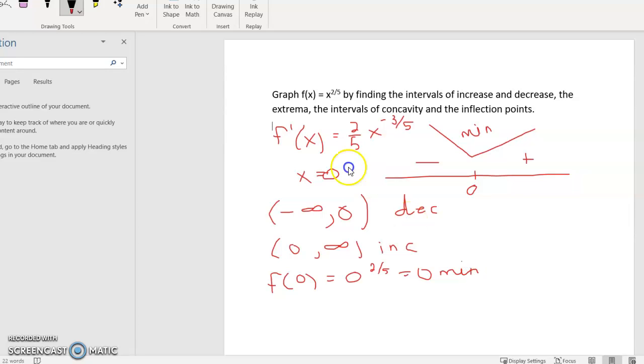Let's do our second derivative. All right, so we'll just go straight from this one right here. We will take negative 3/5 and multiply it times 2/5, and that's negative 6 over 25.